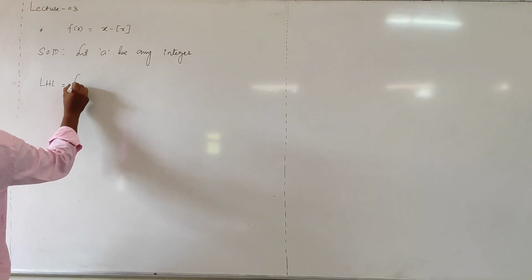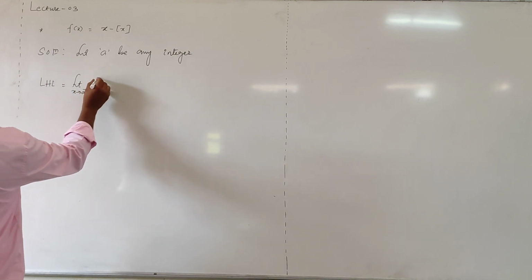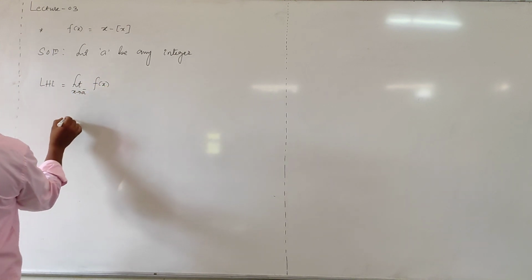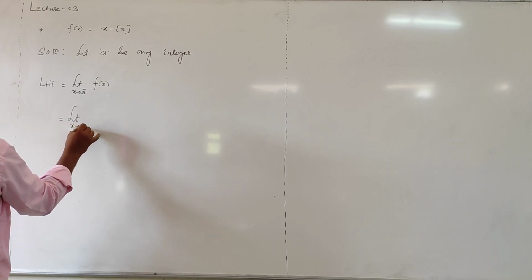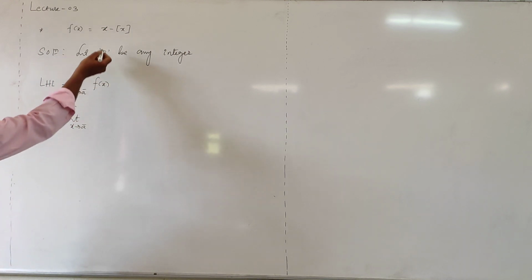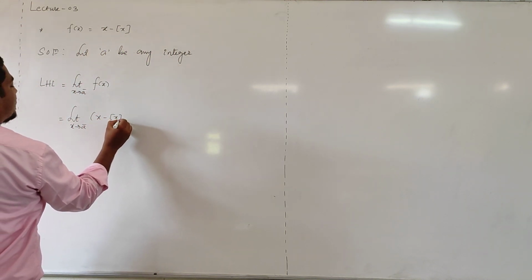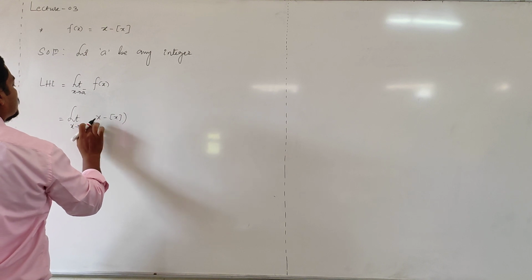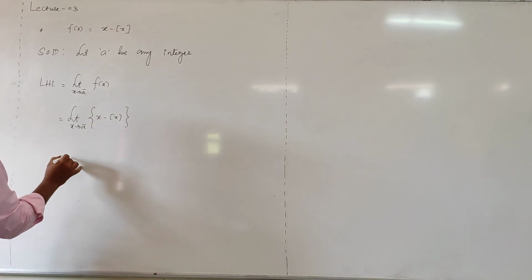LHL: limit as x tends to a minus. First write the general function f of x. In the next step replace f of x as x tends to a minus; our f of x is x minus [x]. Next, already you know the algebra of limits.